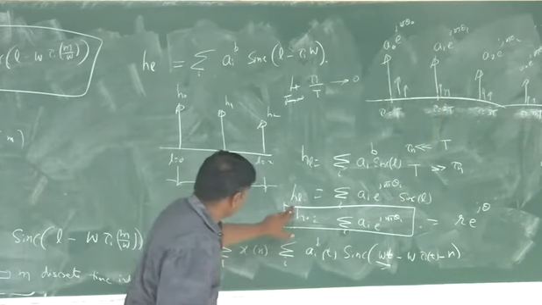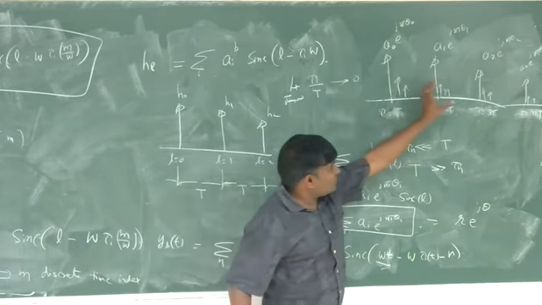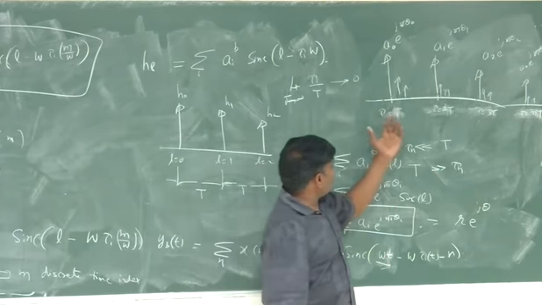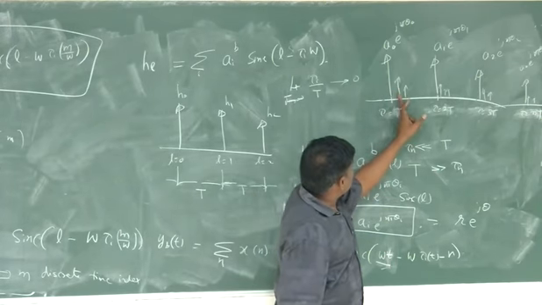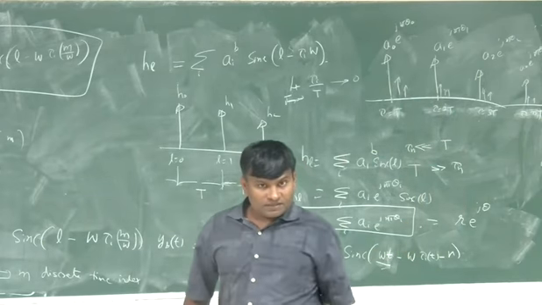H of l could be statistically independent of each other if you get clustered rays at different places. But in some cases, I have a tap here, then it contributes to both h0 and the next.